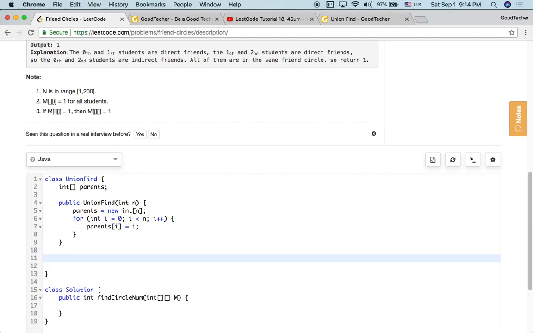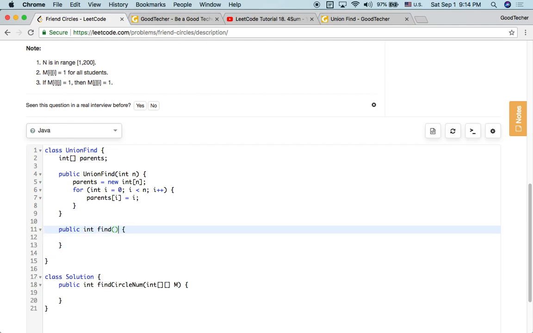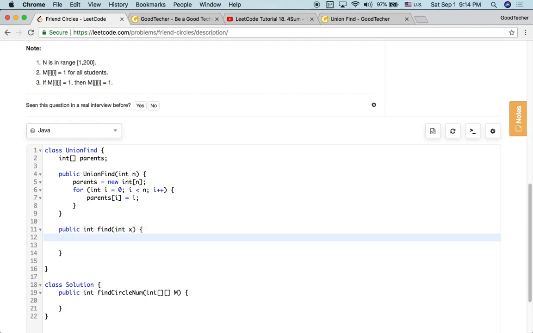The union find supports two basic operations, so we can create two methods. One is find. Suppose we have an input value x. We are going to find which group this x belongs to.